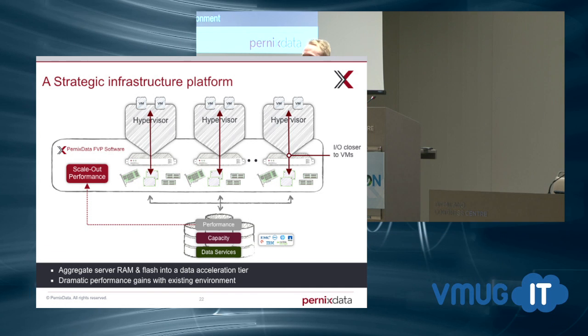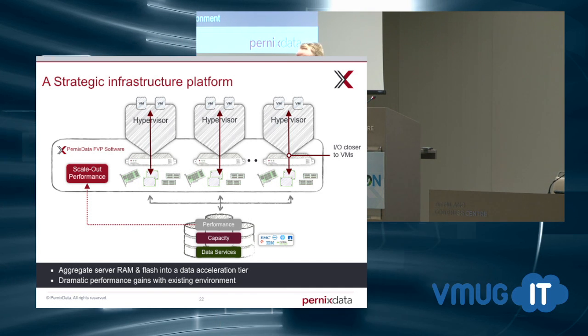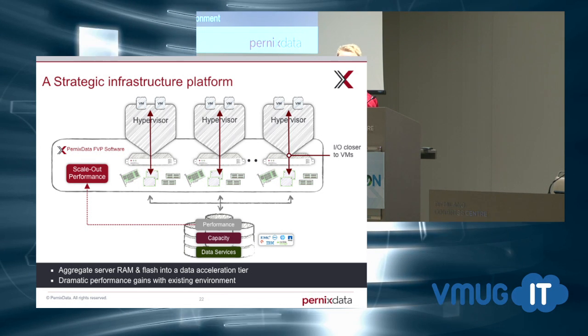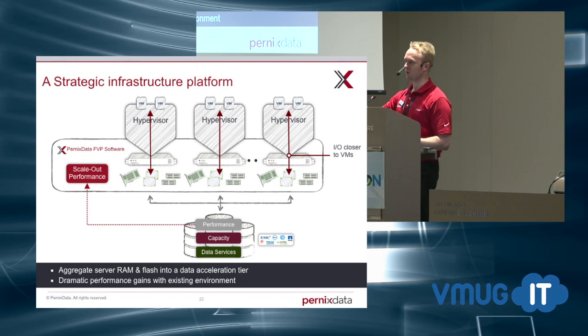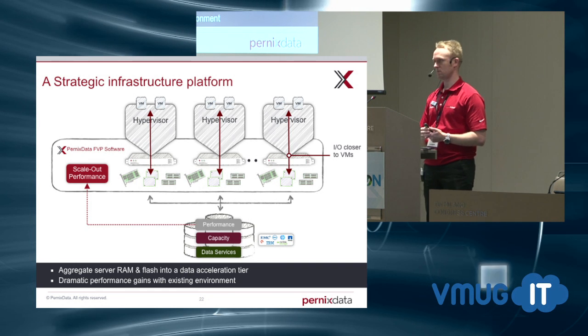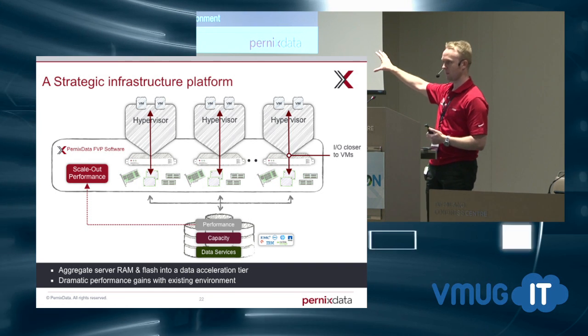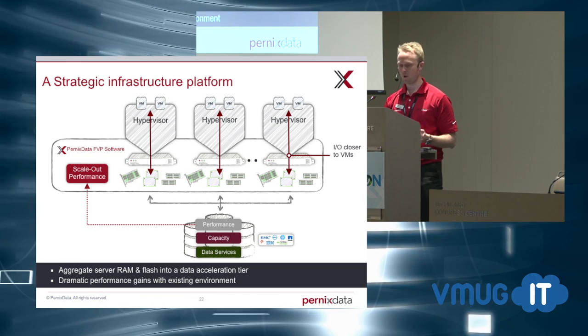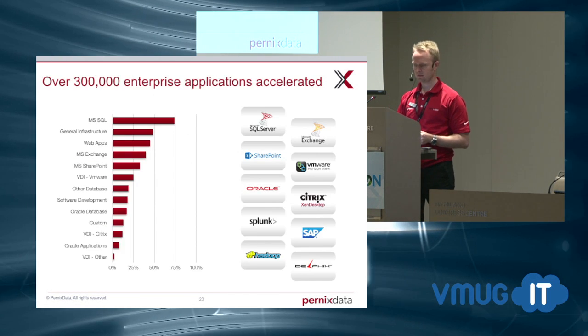Now you got 200,000 more I/Os. Add host number 6. Now you got 200,000 more I/Os. So now your host is not only scaling on CPU and memory, but it's also scaling on storage performance and I/Os. The capacity is still something that we're getting from the array, but the performance is now scaling.